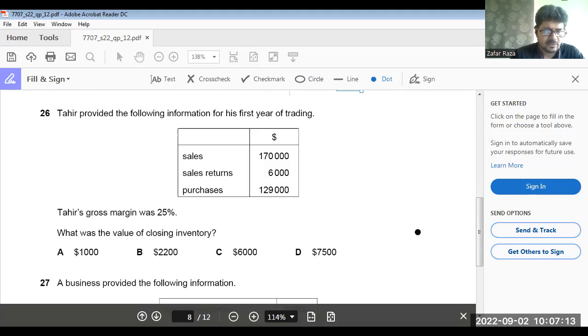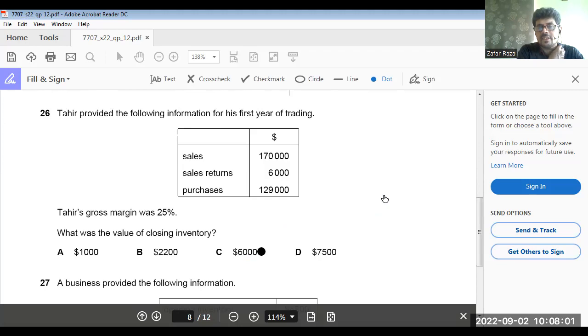170,000 minus 6,000 multiplied by 75. See, take sales 170,000 minus 6,000 sales return, 1,64,000 multiplied by 75% is the cost.